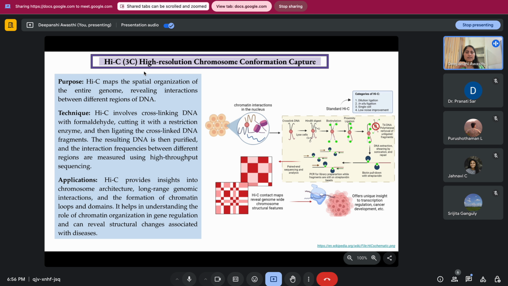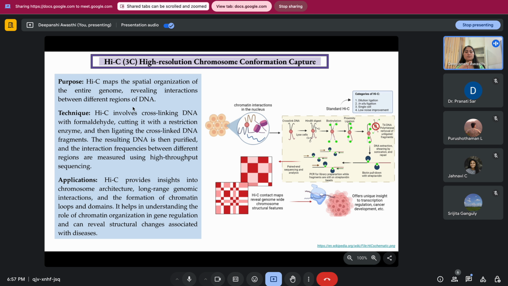This 3C comes from chromosome conformation capture. This Hi-C method is used to capture the conformation of chromosome, how it is arranged, where the histone proteins are bound to the DNA. Those conformations can be captured, and it maps the spatial organization of the entire genome, revealing the interaction between different regions of DNA.